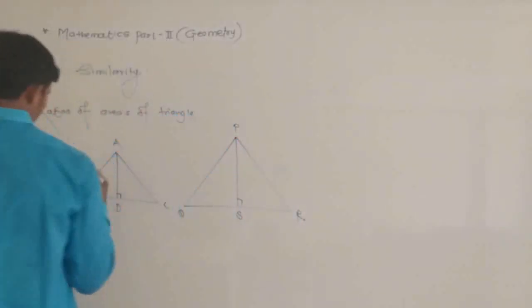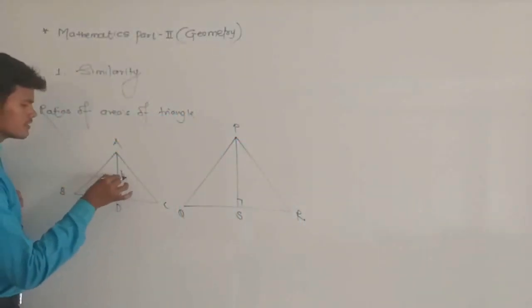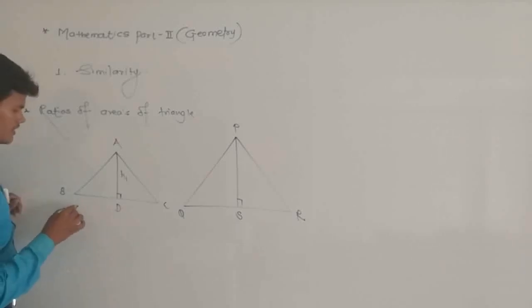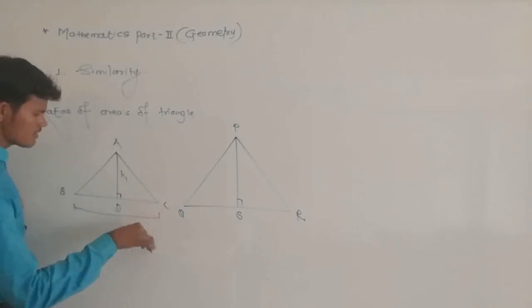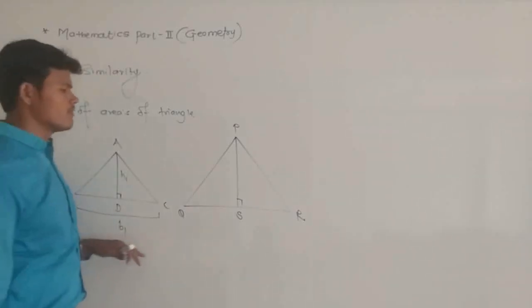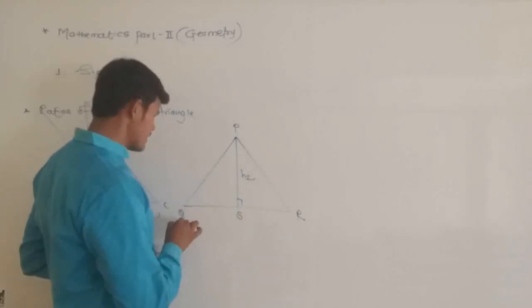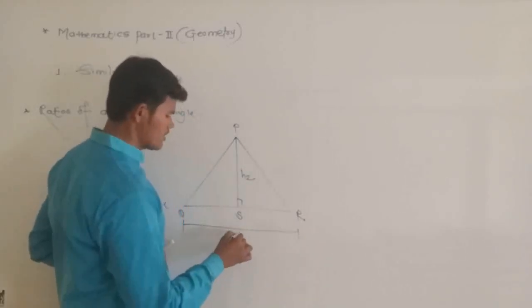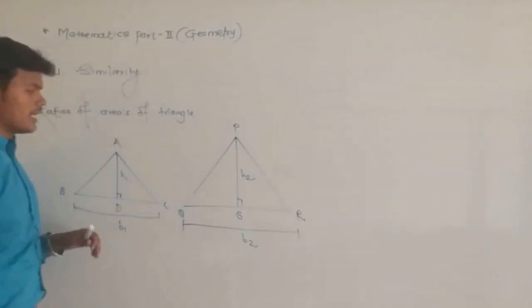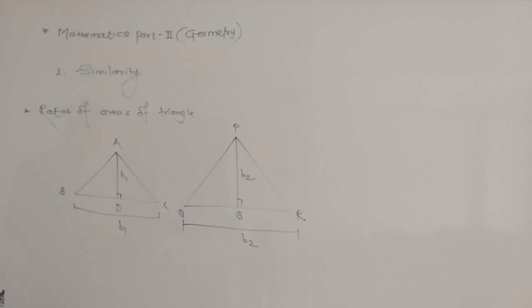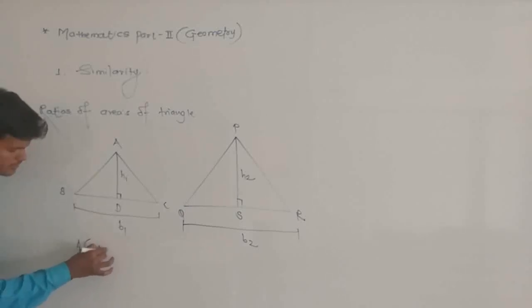So for the first figure, height is AD, that is H1, and base is BC, therefore it is known as B1. And for the second figure, height is PS, it is H2, and base is QR, so it is B2. Now we have to take its ratio. Ratio means area of triangle ABC to area of triangle PQR. So area of triangle ABC can be represented as A in bracket triangle ABC.